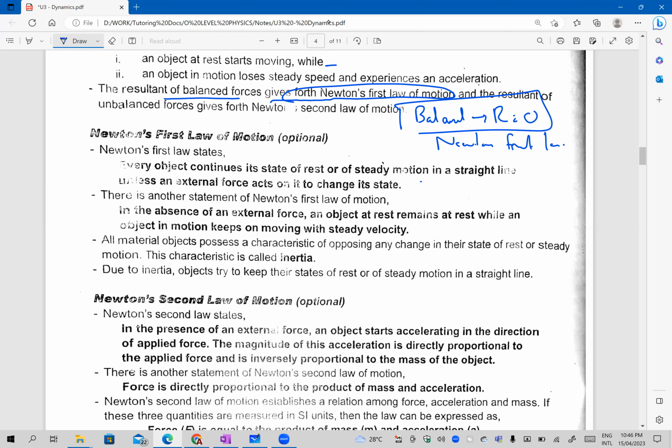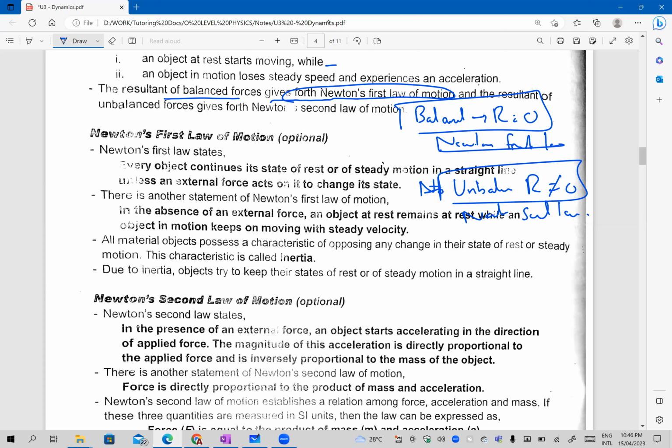And when the forces are unbalanced, the resultant is not equal to zero, and you can understand it through Newton's second law, right? So Newton's first law explains the case where the resultant is zero, and Newton's second law explains the case where it is not zero.